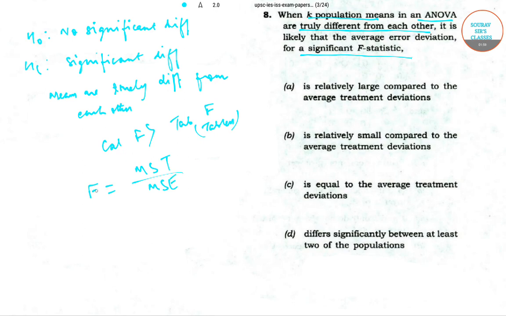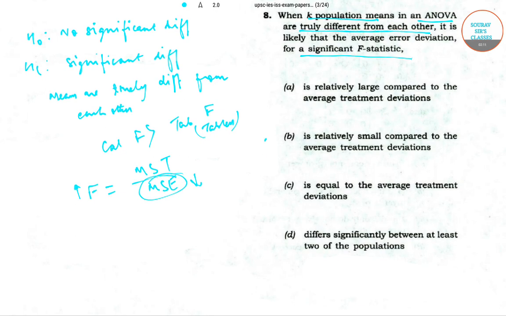Now, since this F statistic is comparatively large, thus MSE would have to be comparatively small. So option B is the correct answer.